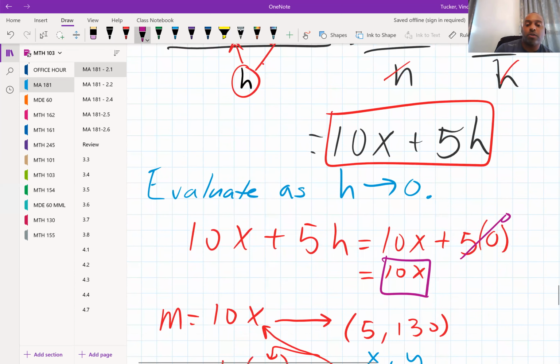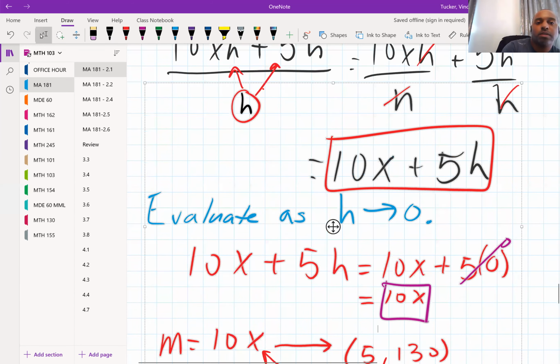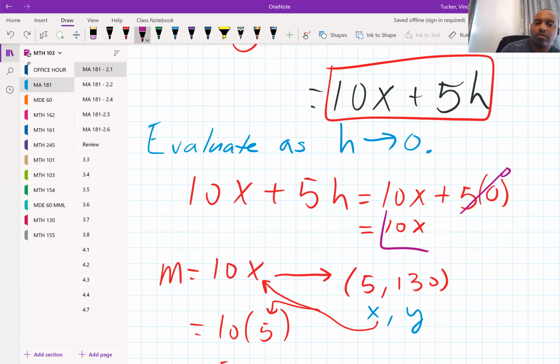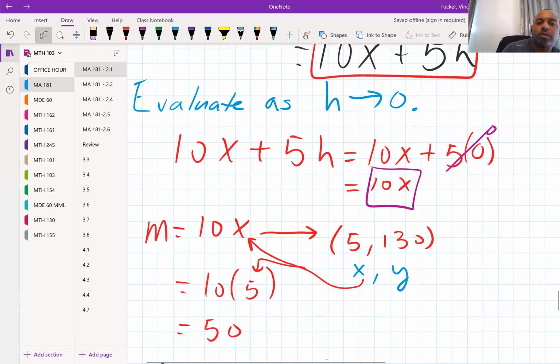So this represents our slope. m is equal to 10x. Oh, didn't we do that? Okay.